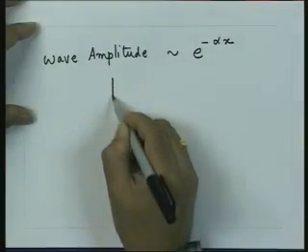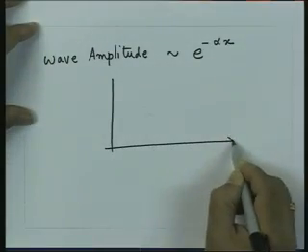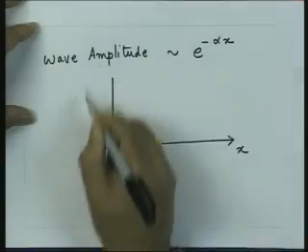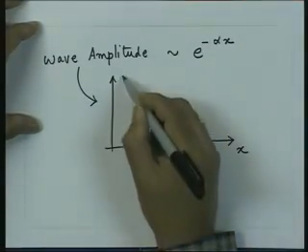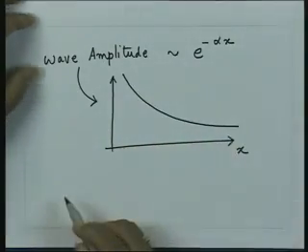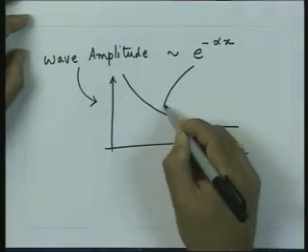So if I plot the wave amplitude as a function of x, I will get essentially an exponential curve which follows this law.